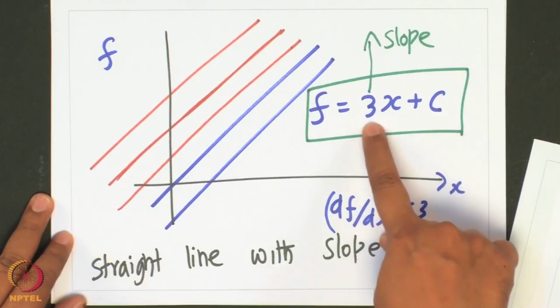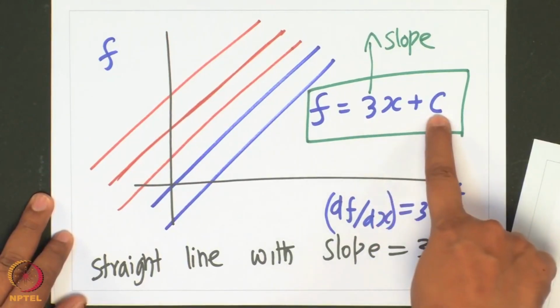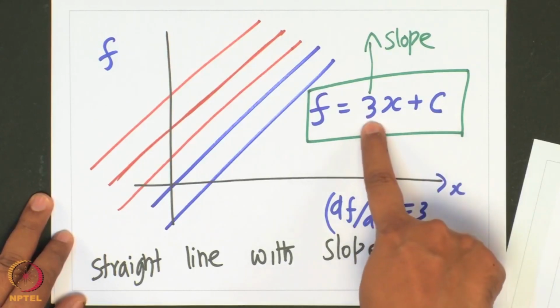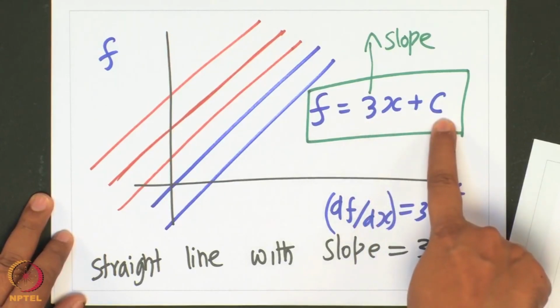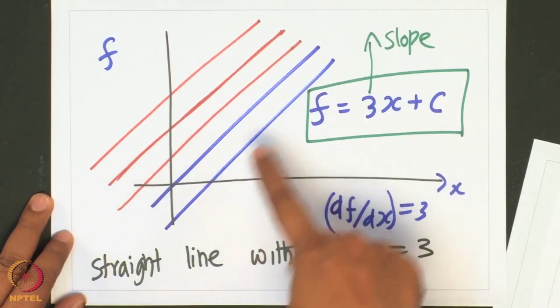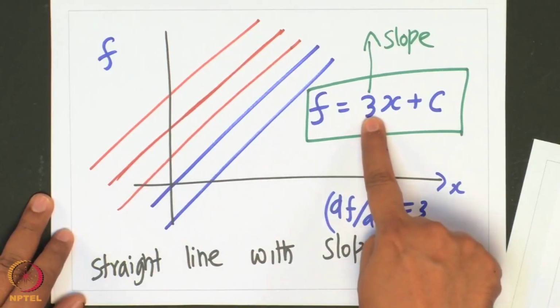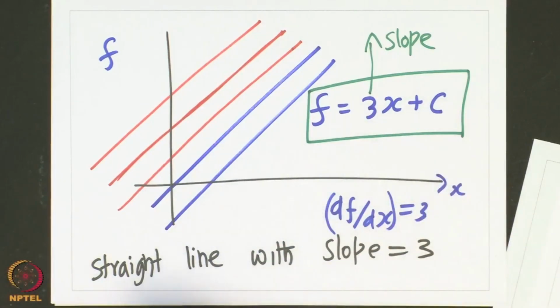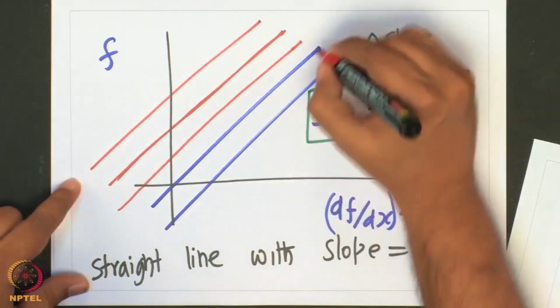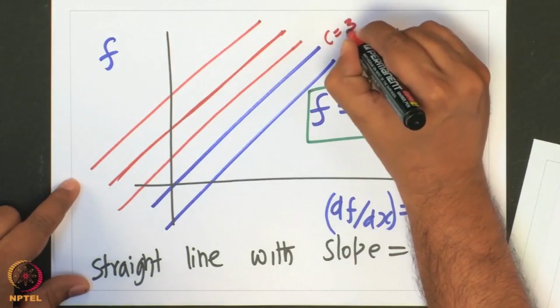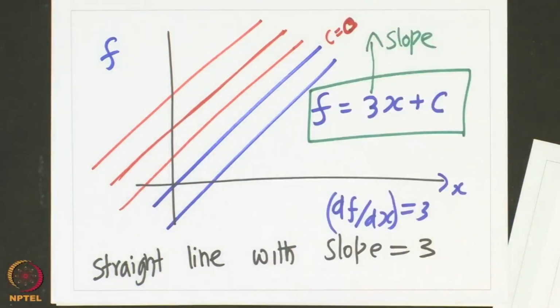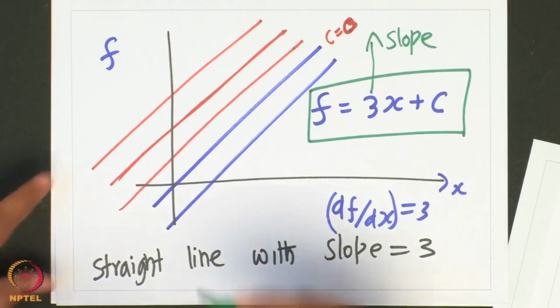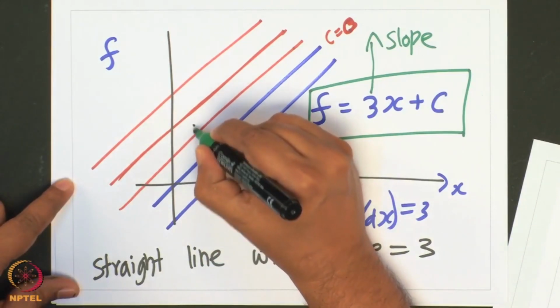So if you tell me the slope and a constant, you have to tell me two things. If you tell me the slope and a constant c, I can point out precisely one curve. If slope is 3 and c is 0, then there is only one curve which is this. So this is c equal to 0. If c is equal to 1, this will be the curve.